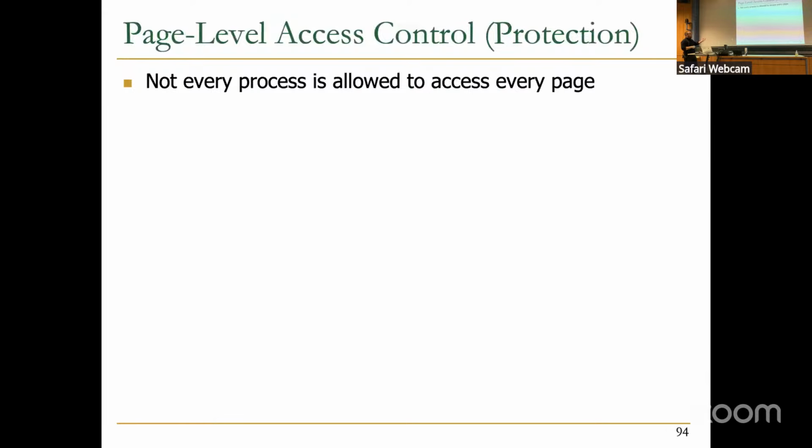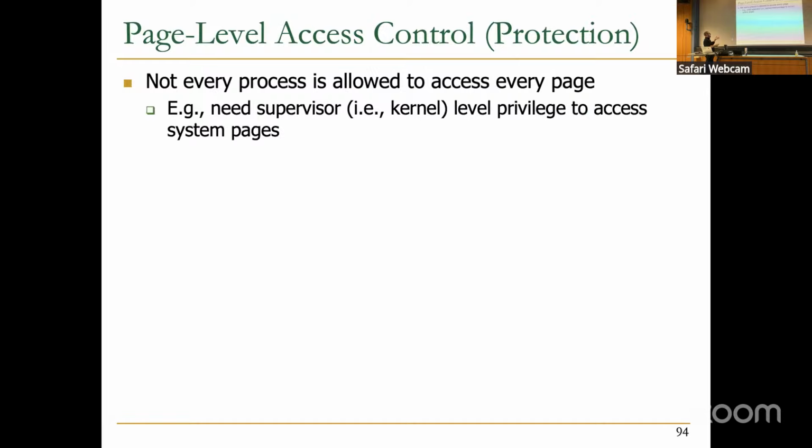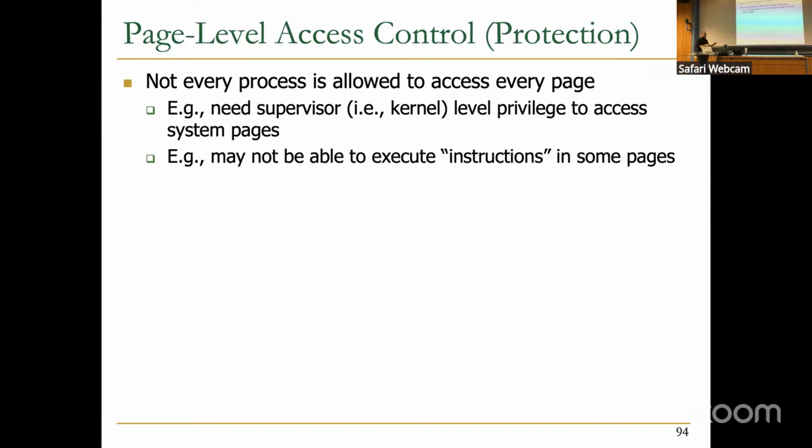So page-level access control, how does this work? Not every process is allowed to access every page. It needs supervisor-level privileges to access system pages, for example. When you run a program on your laptop, you're not allowed to read, write, or execute in pages that belong to the operating system. That's impossible.